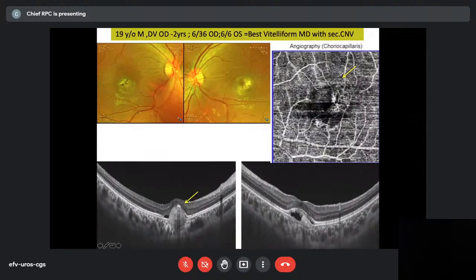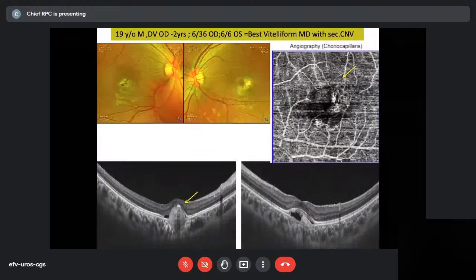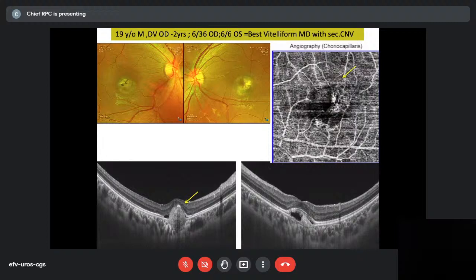Best macular degeneration, or vitelliform macular dystrophy, occurs in young patients, and they often don't notice any problem until they drop vision because of the CNV. They'll come running to a doctor saying my vision has dropped in one eye. With Best vitelliform dystrophy, he had a vision of 6/6 in his left eye.